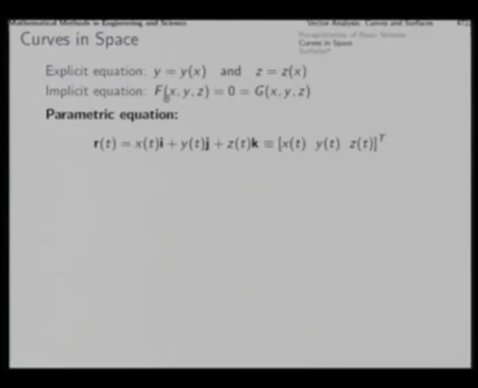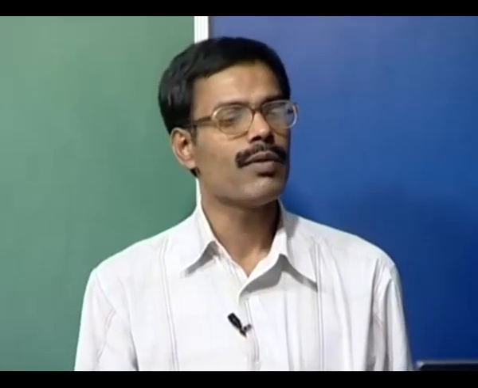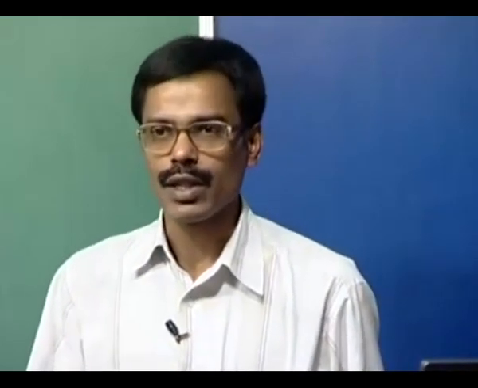This representation through two equations in x y z, like f of x y z equal to 0 and g of x y z equal to 0, is another representation of a curve, and this is called the implicit equation.